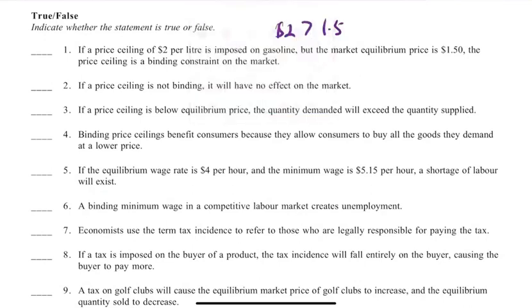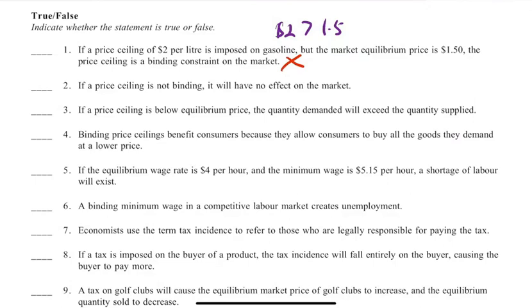What is the definition of price ceiling? It's the maximum price you can sell, right? And you can see that in this case, the market equilibrium price 1.5 satisfies this price ceiling, which implies the price ceiling in this case is not binding. So this is incorrect. This is false.